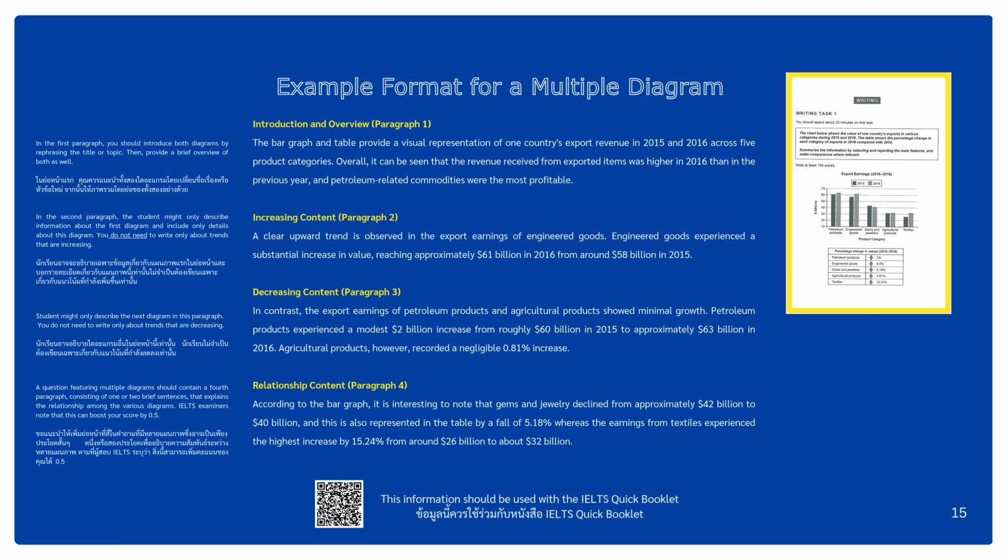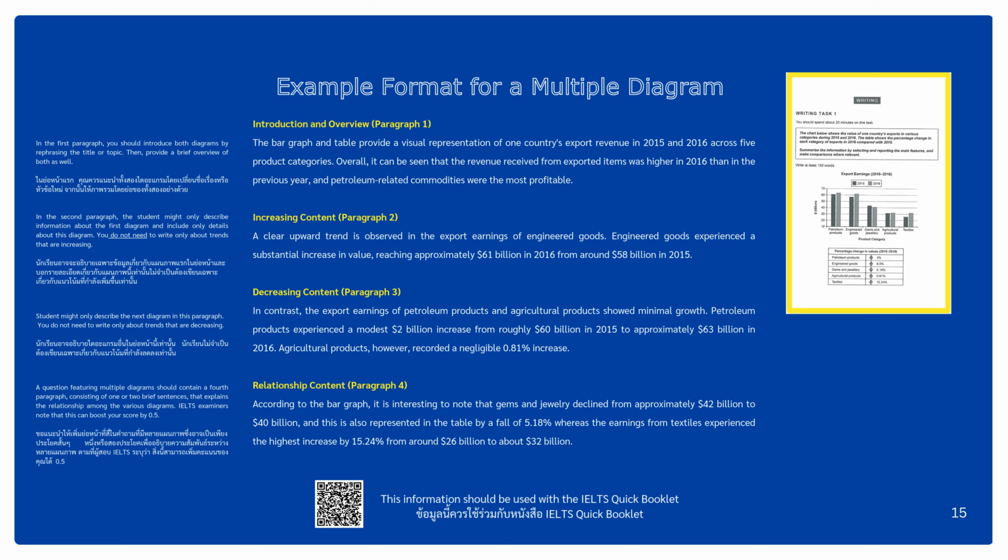In an IELTS Writing Task 1 multiple diagram, it's essential to start with an introduction and overview in the first paragraph. And you'd clearly need to provide a general summary of the introduction as well as the overview for both diagrams. Here's an example.